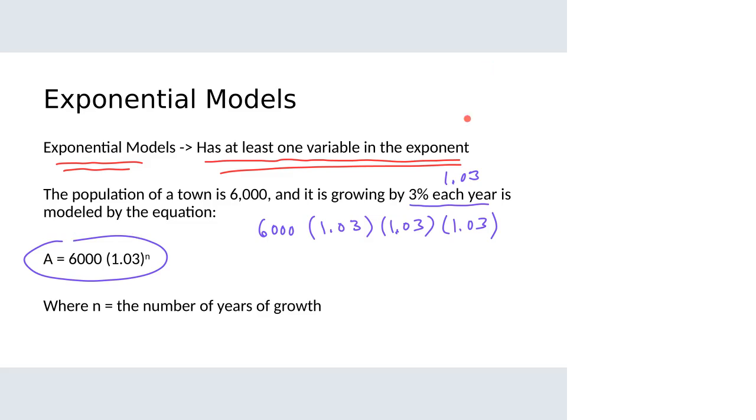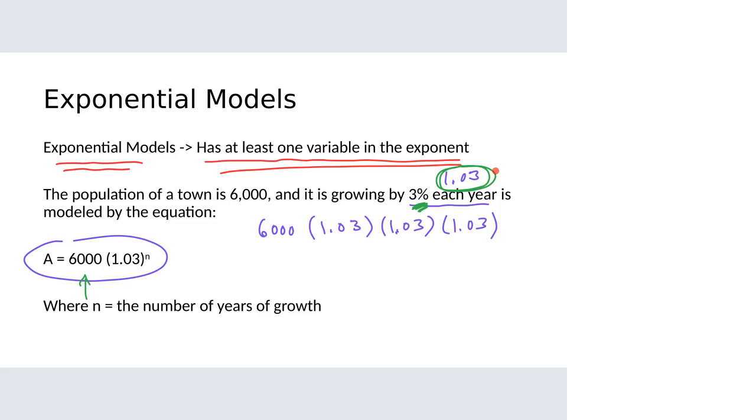What we're doing here is we're saying, okay, you're starting out with a population of 6,000. The growth is 3%. So your multiplier, the thing you're going to multiply by each time, is going to be 1.03. That's how it gets 3% bigger.